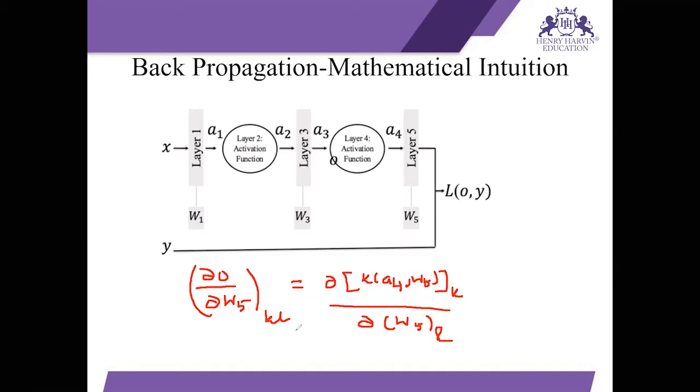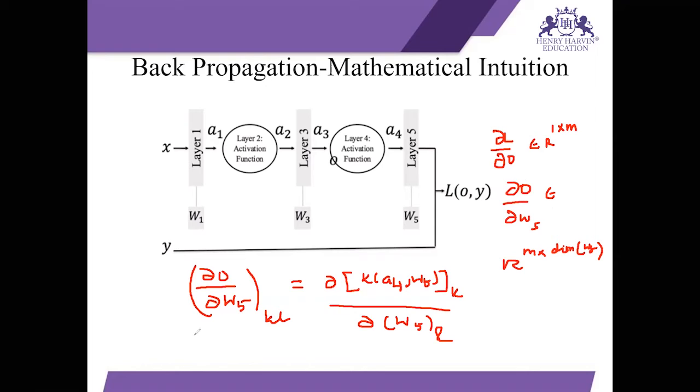So dou L by dou O is a gradient of size 1 cross M. We have also computed the Jacobian matrix dou O by dou W5, which is a matrix of size M by the dimension of W5. Let me write that dou L by dou O is an element of R power m into dimension of W5.